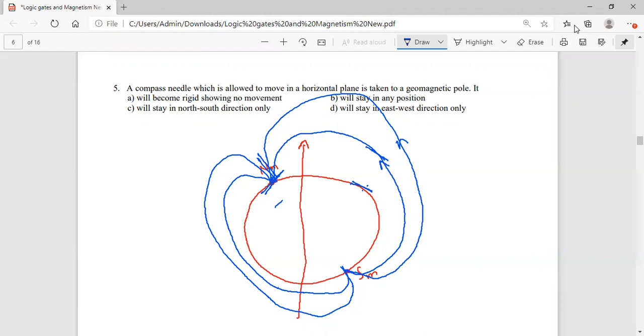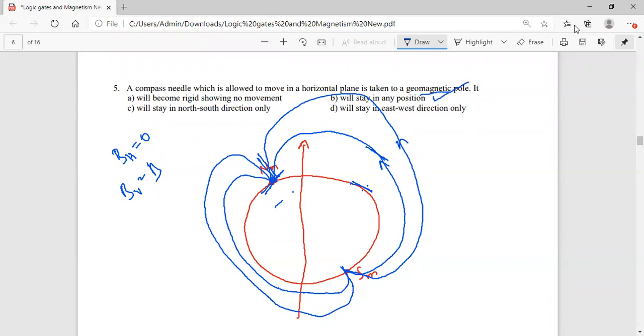If any magnetic needle is taken near the geomagnetic poles, that is magnetic north or magnetic south pole, then the horizontal component of the Earth's magnetic field, BH, becomes equal to 0 and BV becomes equal to B. So then the magnetic needle will stay in any position.